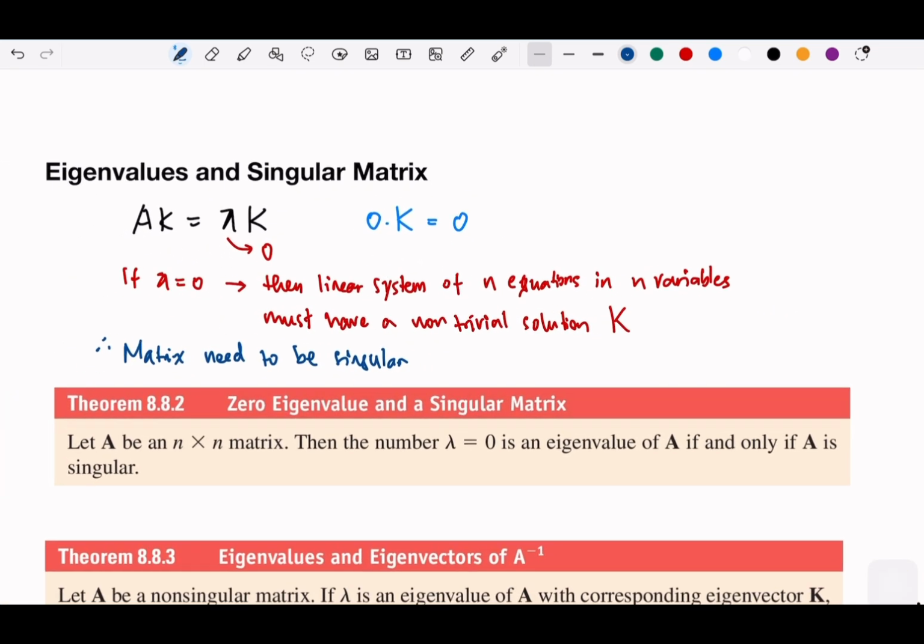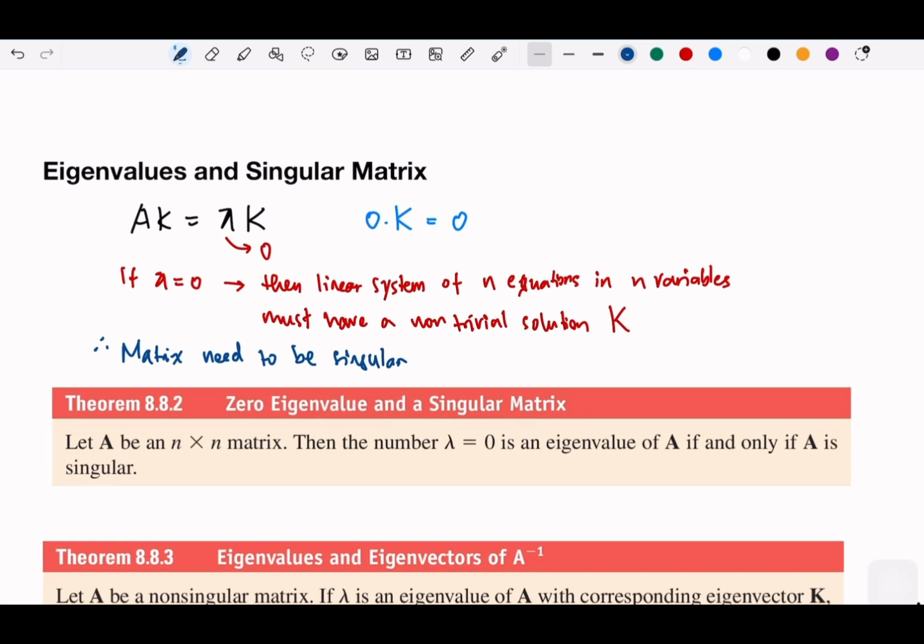Or if you look at the theorem, it's clearer. If A is an n by n matrix, then 0 will be an eigenvalue of A if the matrix A is a singular matrix.